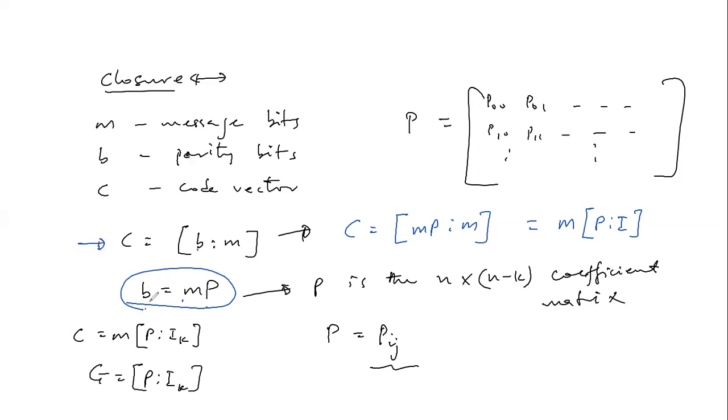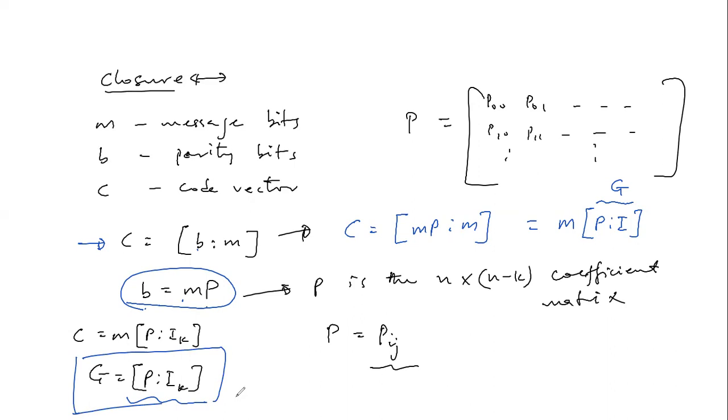So if we substitute the parity into this expression, we have MP, M, and once we bring M out, this will be M into square bracket P, then I, where this is the generator matrix that generates this code word. That is how we have this expression for the generator matrix, which I already pointed out earlier.